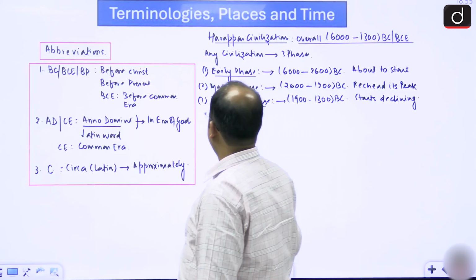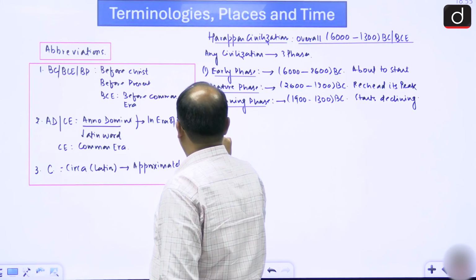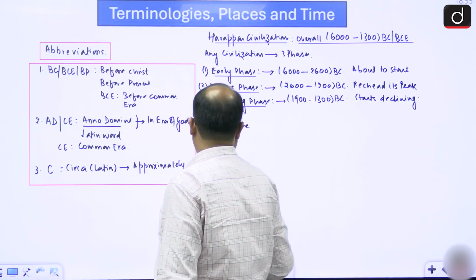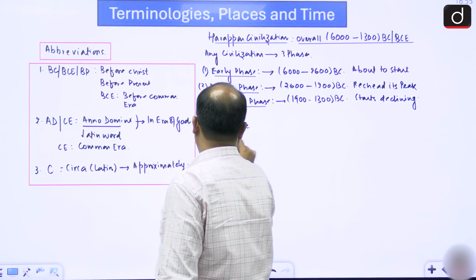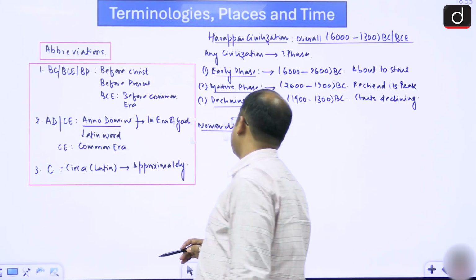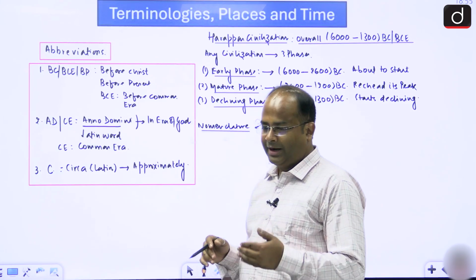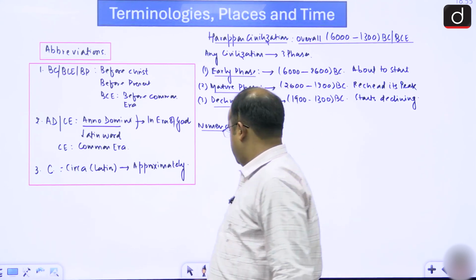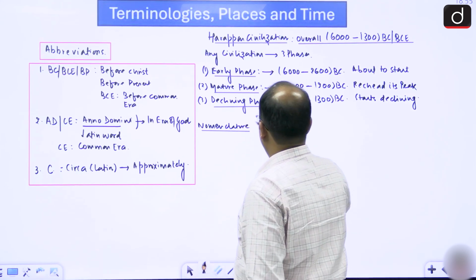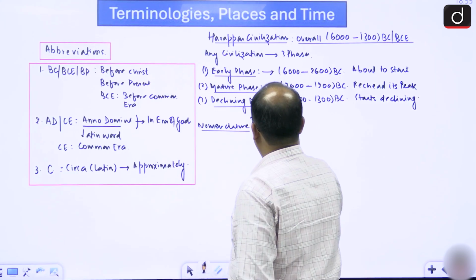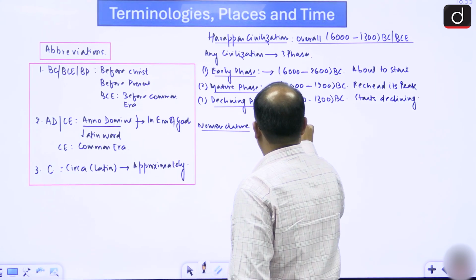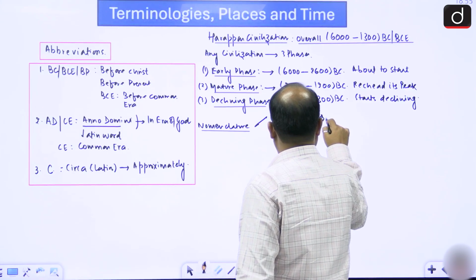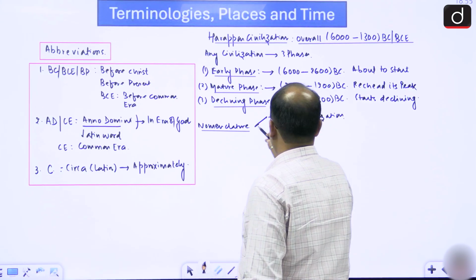Now we will discuss the nomenclature of the Indus Valley civilization. What are the different names given by historians to this civilization? The first name that is given is Harappan civilization.